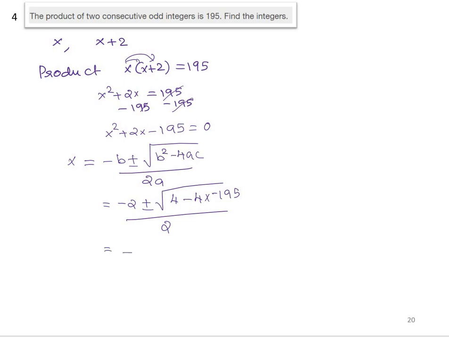And that's equal to negative 2 plus or minus square root of 4 plus 4 times 195, which is 780, divided by 2. So negative 2 plus or minus square root of 784 divided by 2.